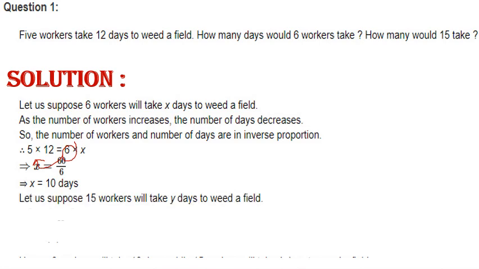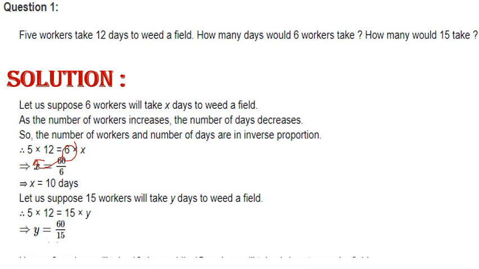Now let us find the number of days required by 15 workers, the second situation. Let us suppose 15 workers will take Y days to weed a field. So 5 into 12 will be equivalent to 15y. So y will be what? 5 twelves are 60. 15 has a multiplication relation with y.